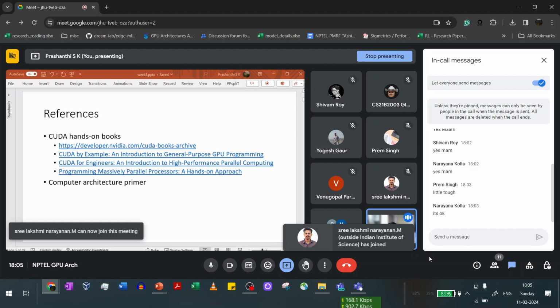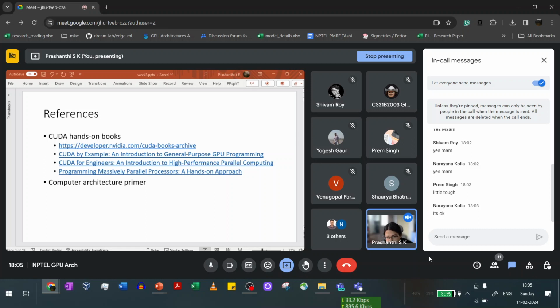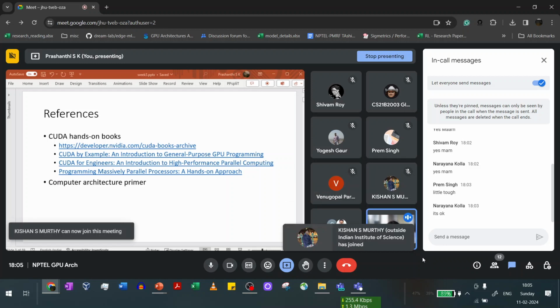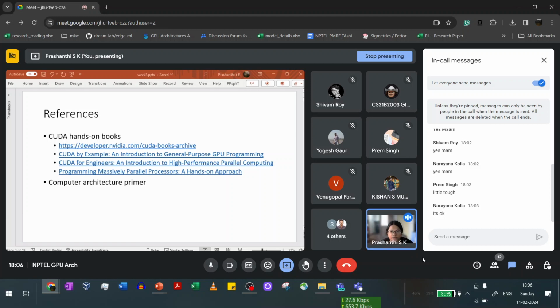So Hennessy Patterson's textbook is a very standard source for computer architecture. So what you can do is, if there are some topics that you don't really understand well, you can look it up there. Another popular textbook that's used in the Indian context is Smriti Sarangi's computer architecture textbook. Both of these could be good enough sources for you to learn about certain topics.